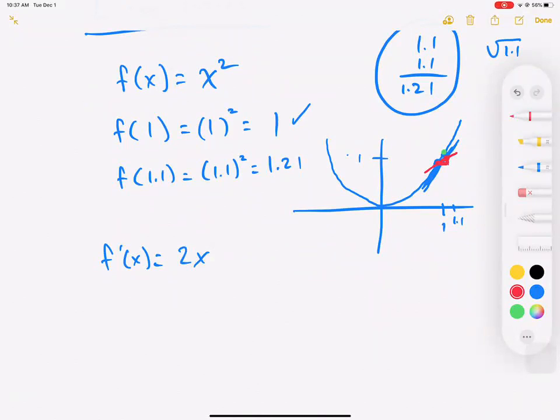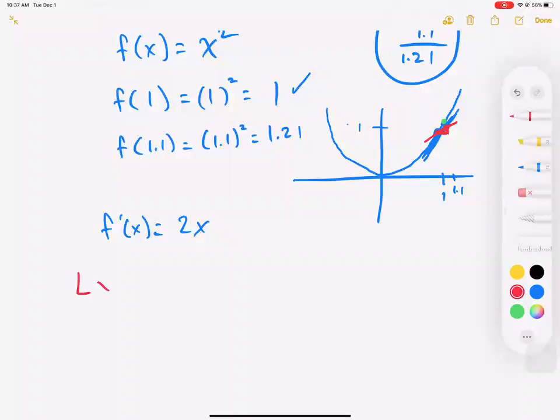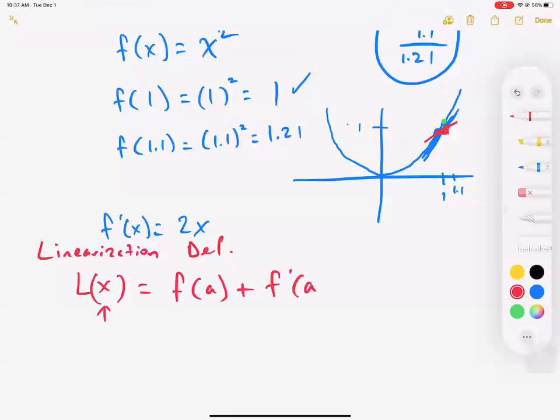So our goal is, here's our definition of linearization. A linearized line is the actual value at a close value, plus the derivative, so the slope at that close value, times a little bit of change.